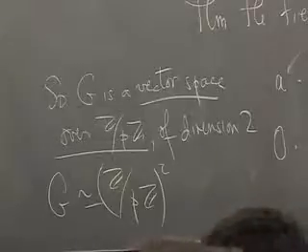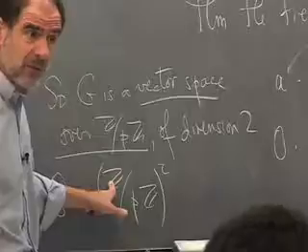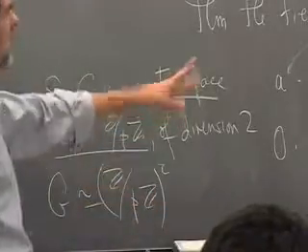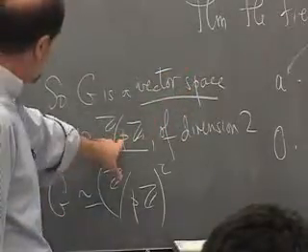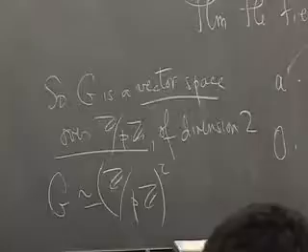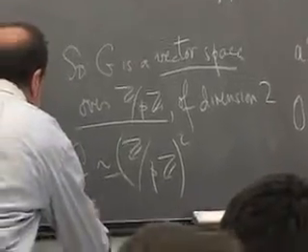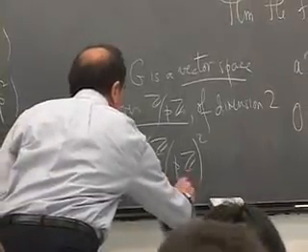Every two-dimensional vector space is isomorphic to this one by the choice of a basis. To make this specific isomorphism, you'd have to find two different elements, g1 and g2 in G, that give a basis for it as a vector space over Z mod pZ, and you take g1 to the a1, g2 to the a2 to the coordinates a1, a2.